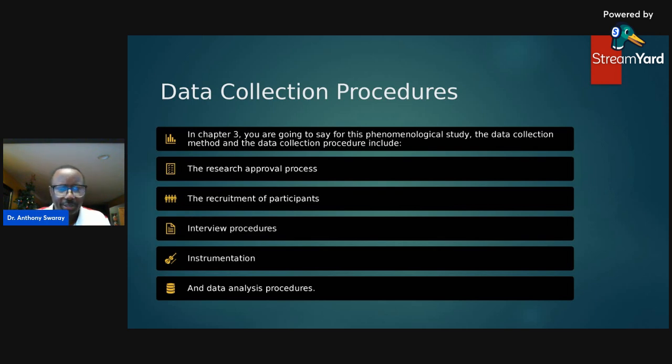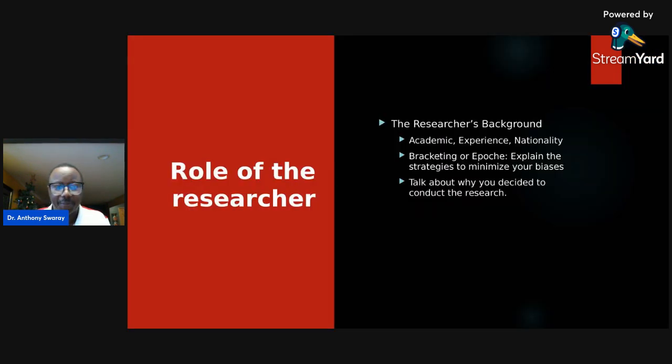You talk about the instrumentation. So we're going to go into details in that instrumentation. You use interview or another method to be able to gather information from the participants, and also data analysis procedures.